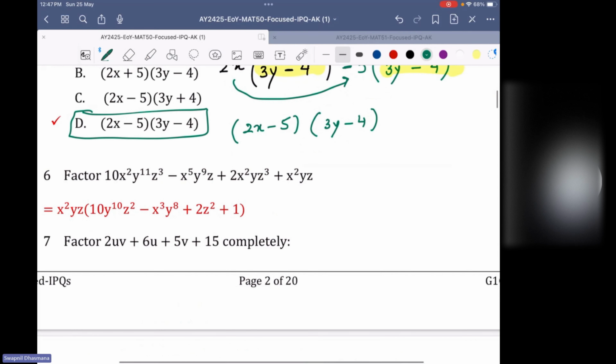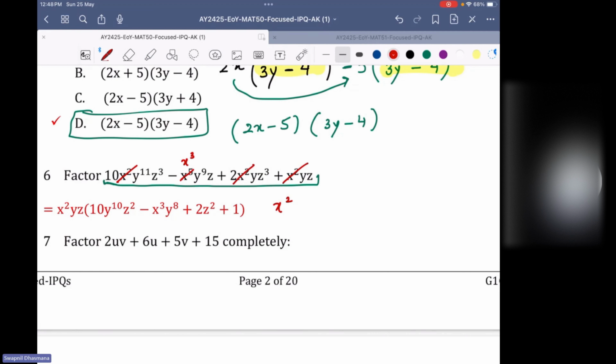So like here, can I take something common from all of them? You can see x2 here, x5 here, x2 here, and x2 here, x power 2, which means I can take x power 2 common. So I can remove x power 2 from here. This will be x power 3, x power 2, x power 2.